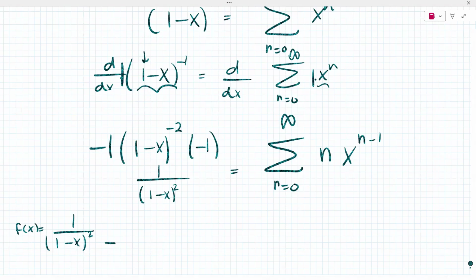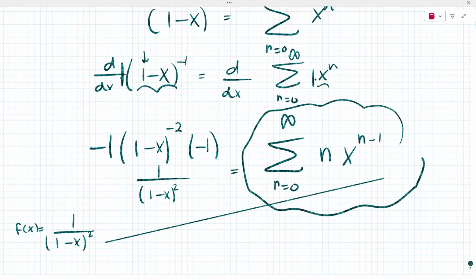So this is our answer. Why is that our answer? Because when we took the derivative, we got 1 over (1 minus x) squared, which is this, right? So that's how I know that is our answer. That's pretty cool, right? Now we can do the same concept with the other problem.